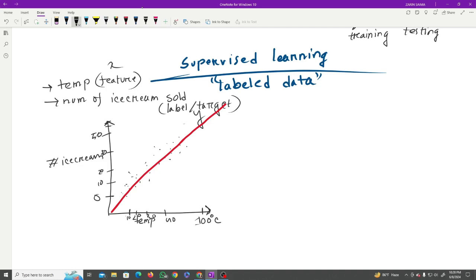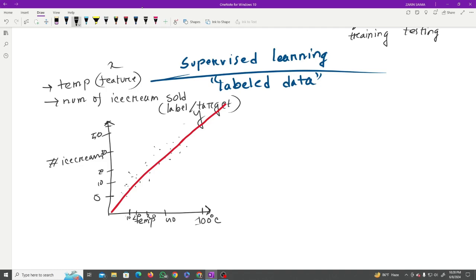You don't have your target or label for 100 degrees Celsius. You have your label for 40 degrees Celsius. You have 30. You have 20. Suppose for 30 degrees Celsius, 10 ice creams are sold.